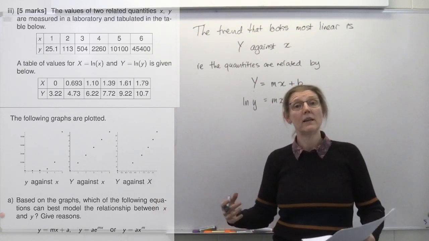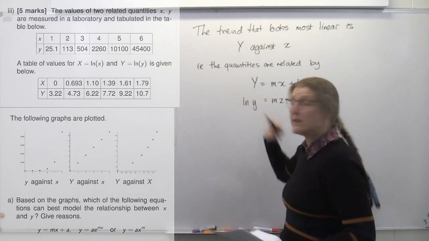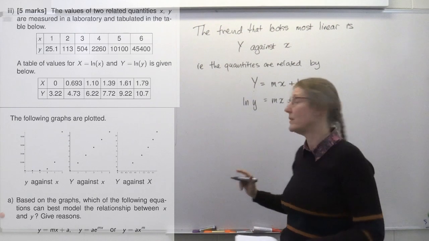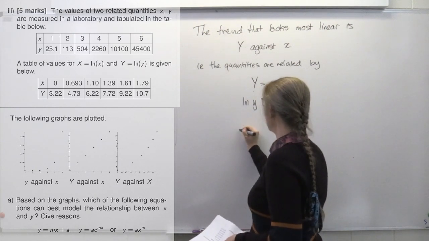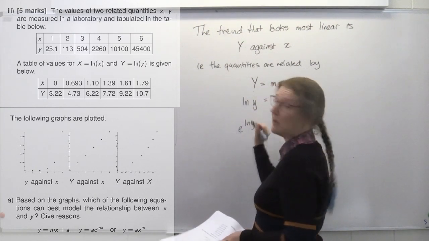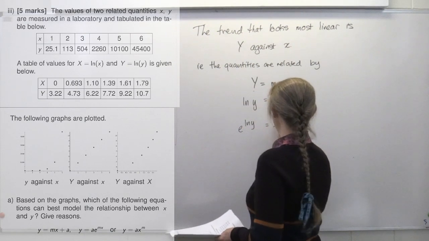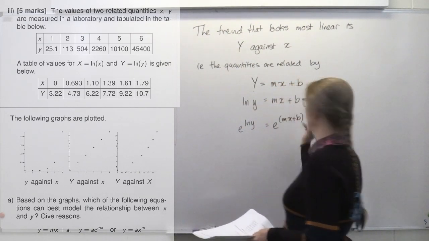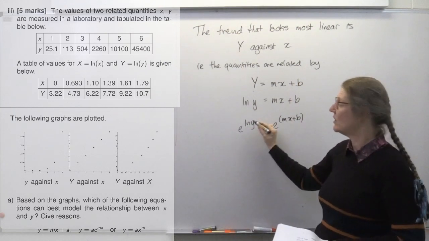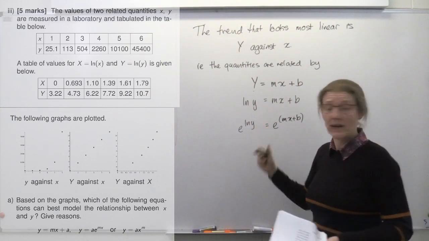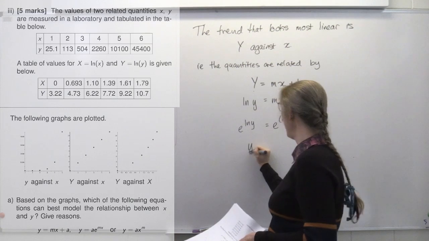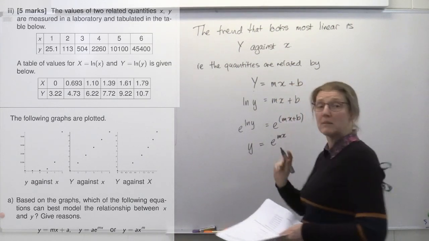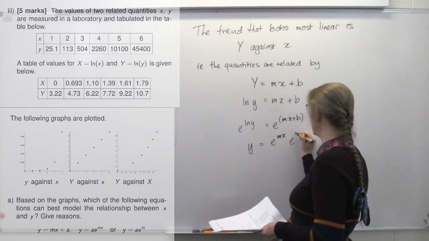So I need to take away the logarithm here. I do that by taking the exponential throughout. So e to the log y, I'm being verbose, is equal to e to the whole right-hand side, mx plus b. Because the exponential and the logarithm are inverse functions, this just becomes y is equal to e to the mx, and using my power rules, e to the b.